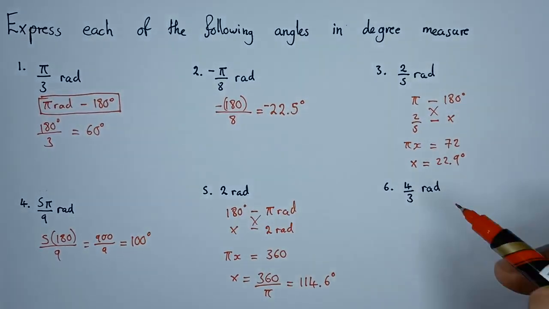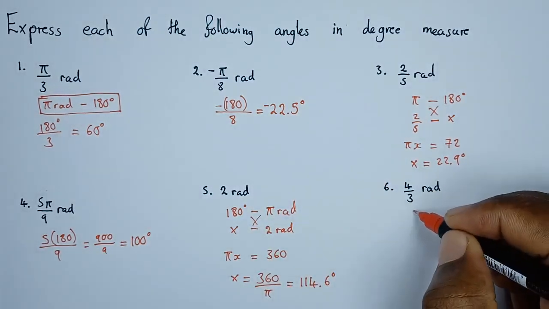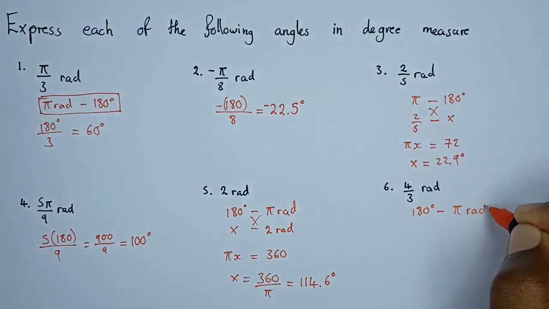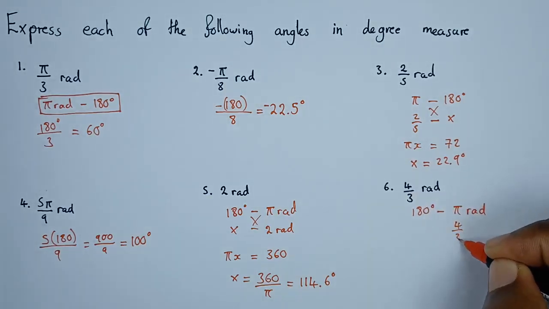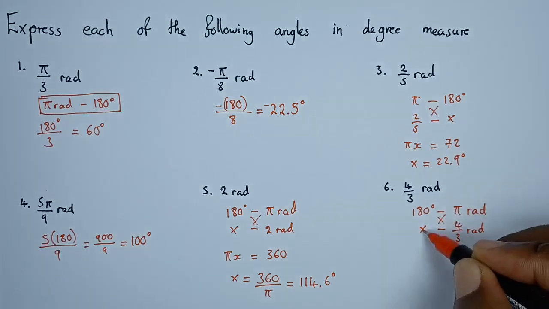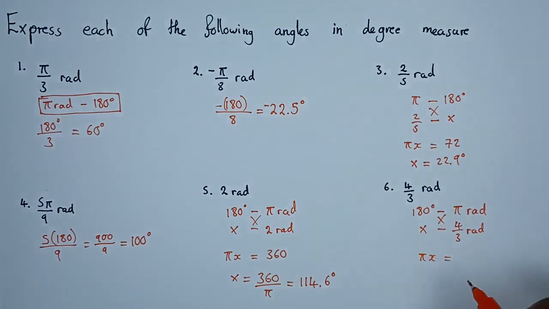For this one, again, we do not have a pi, so it's better if you use this approach. We'll say 180 degrees is equivalent to pi radians. The radian that we have here is 4 over 3 rad. Equate this to x. So x times pi gives pi x, which is equal to 180 times 4 over 3, which is 240.